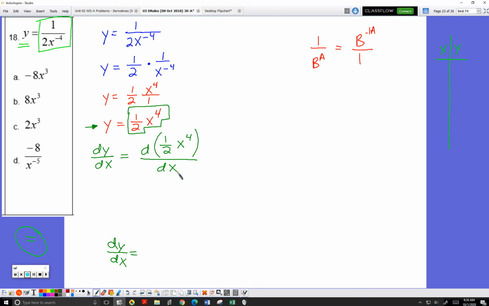But all I did was recognize that I want to find dy dx right here. And because y is, as stated, 1/2 x to the 4th, I can write on this side of the equal sign d of y.